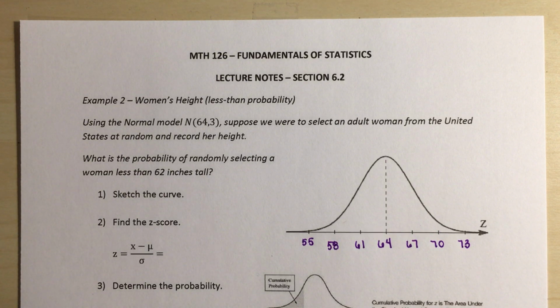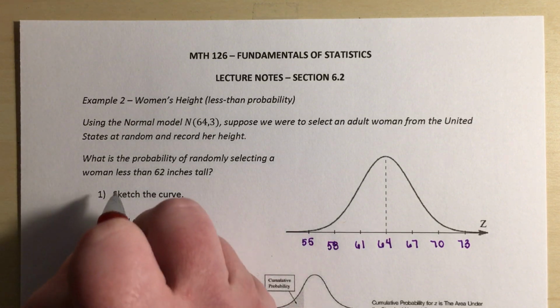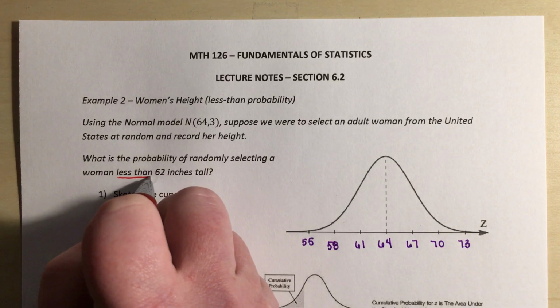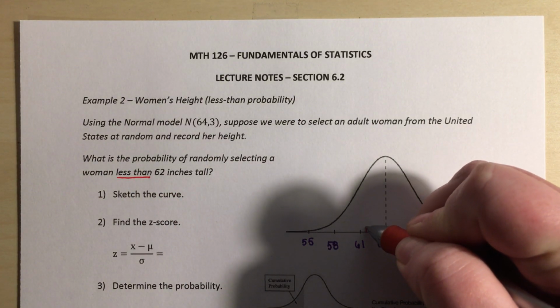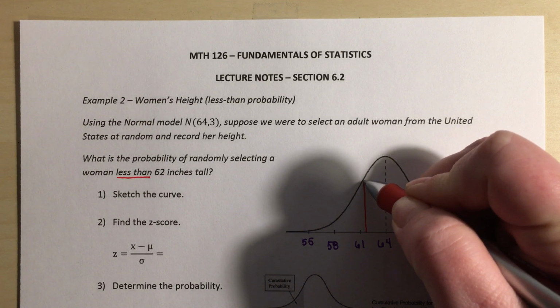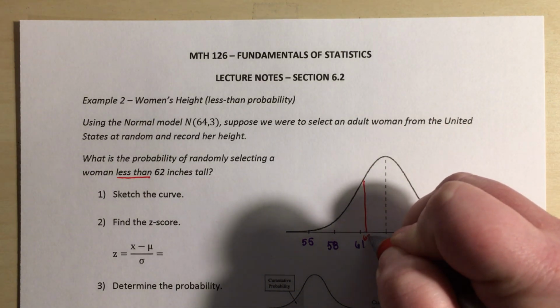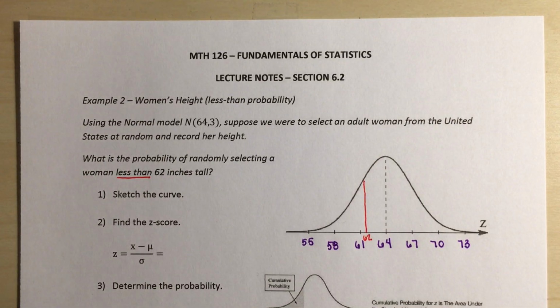Now we need to draw in what's relevant to the problem that we're looking at. We are asked, what is the probability of randomly selecting a woman less than 62 inches tall? So again, this is a less than problem. I'm going to draw a vertical line in here right around where I think 62 would be. So 62 would be right around there.